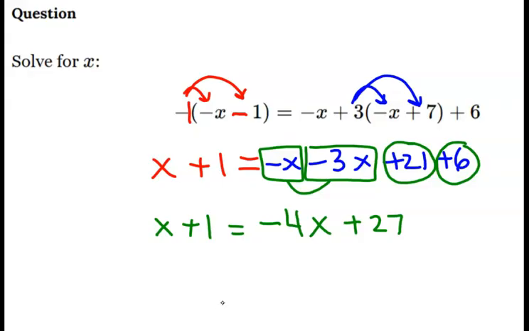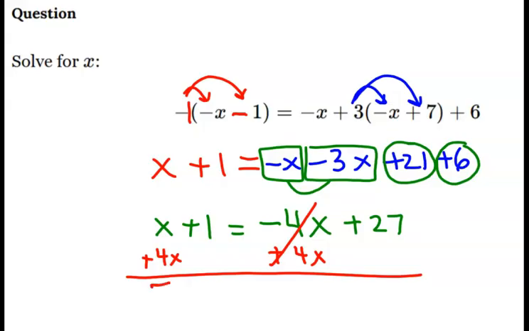Now, I'm going to get my x terms on the same side by adding 4x on the right and on the left. In doing this, I get a positive 5x, bring down the plus 1, bring down the 27. Now I'm going to subtract 1 from both sides.